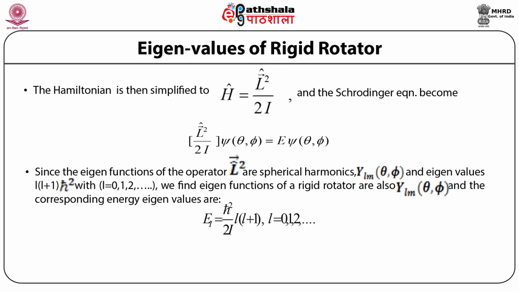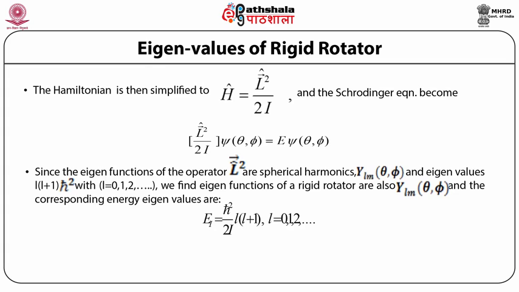Using this, we can find the eigenfunctions of a rigid rotator, and we see that these also turn out to be spherical harmonics Y Lm theta phi, and the corresponding energy eigenvalues are given by E_L is equal to h cross square by 2I times L into L plus 1, where L takes the values 0, 1, 2 and so on.